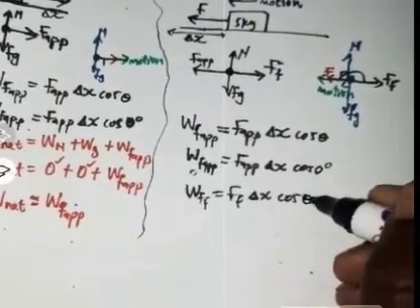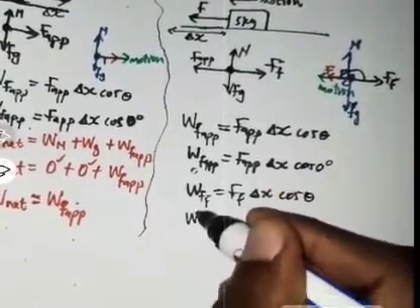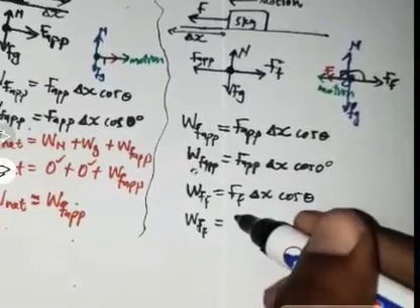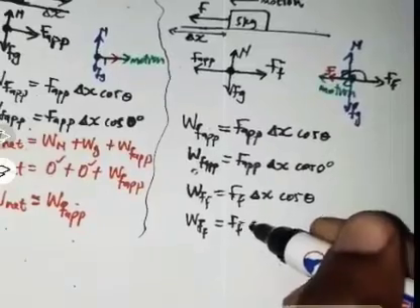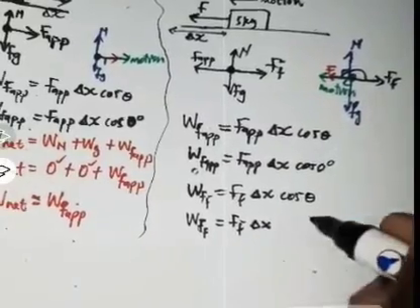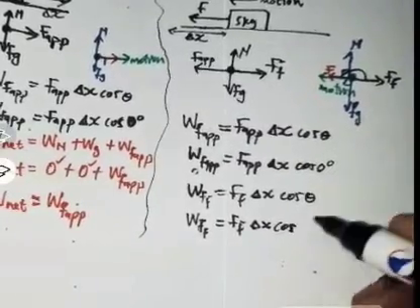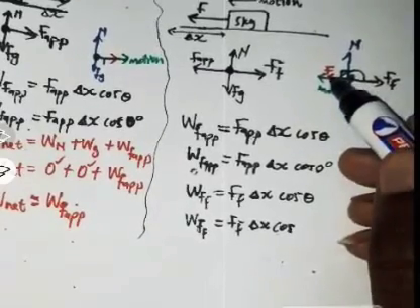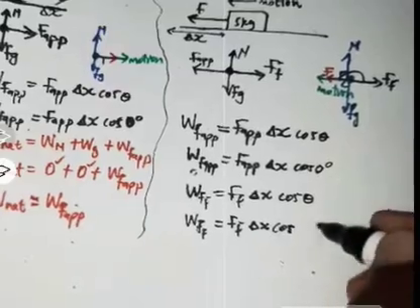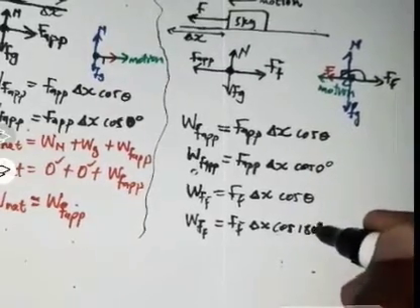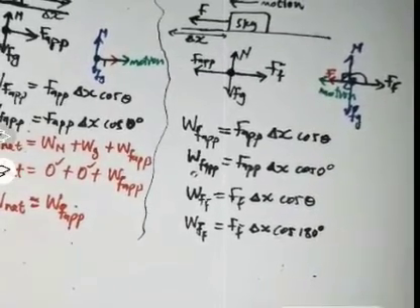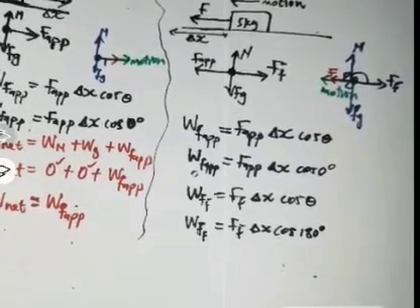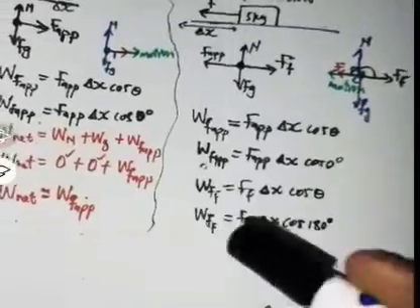In this case, the angle between the motion, the green one, and the friction, the black one, is 180 degrees. So cos 180 is minus 1, and you multiply by that. The answer for the work done by friction will be negative.